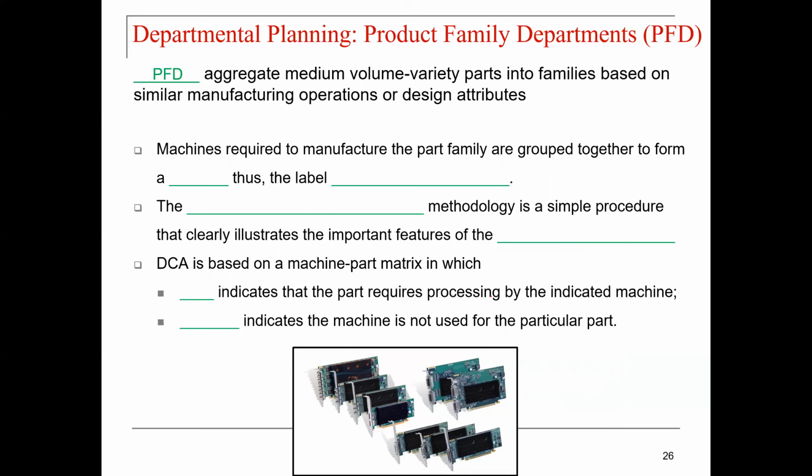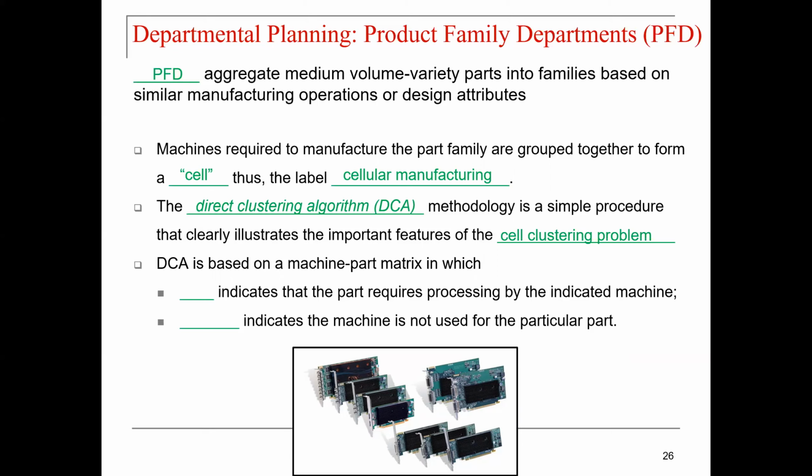The machines required to manufacture the part family are grouped together to form a cell, thus the label cellular manufacturing. The direct clustering algorithm that we are going to discuss next is a simple procedure that clearly illustrates the important features of the cell clustering problem.